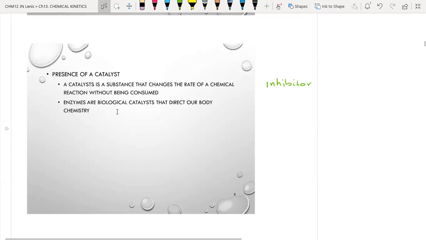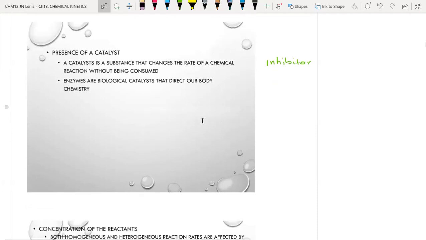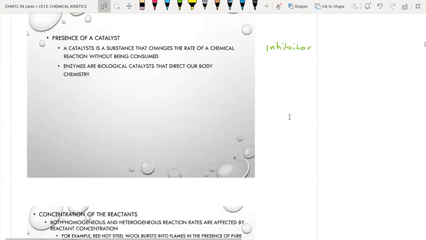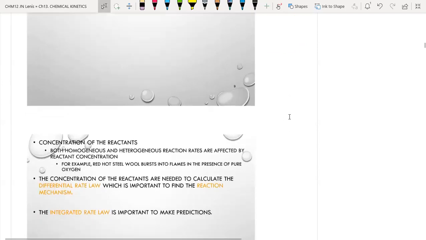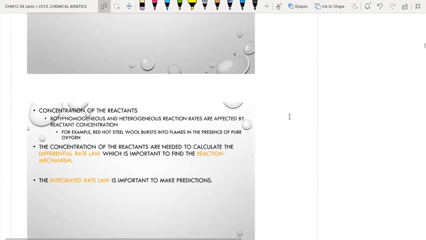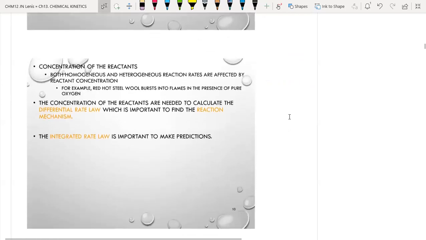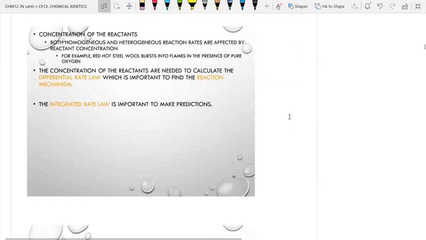In the biological systems, we all know about the enzymes. Enzymes are catalysts. They help to speed the biochemical reactions. Another factor that affects the speed of the reaction is the concentration. Concentration of reactants.